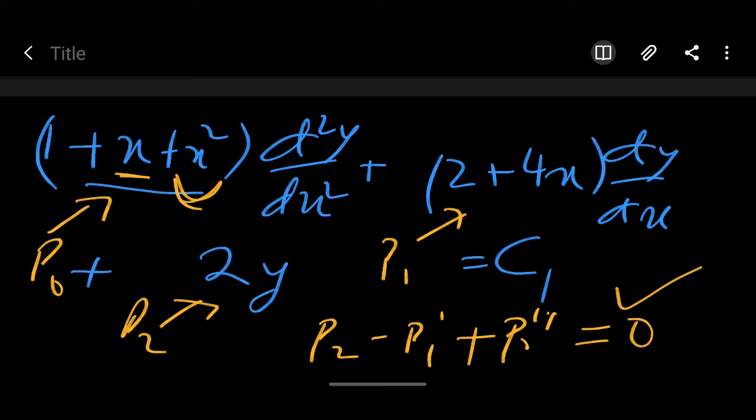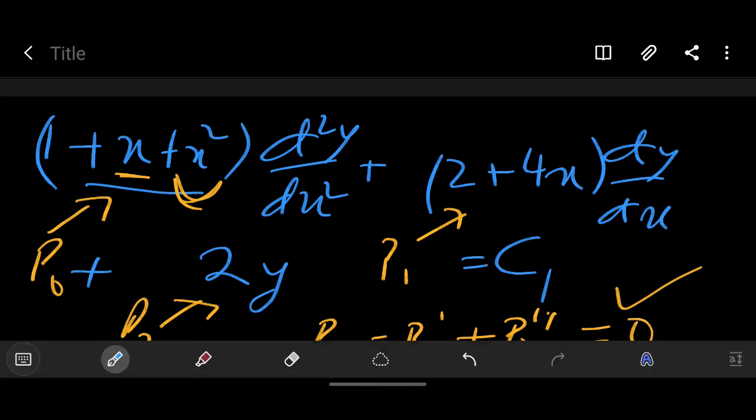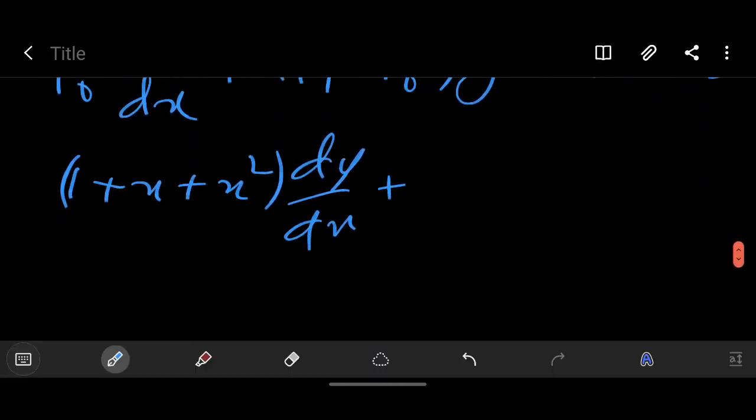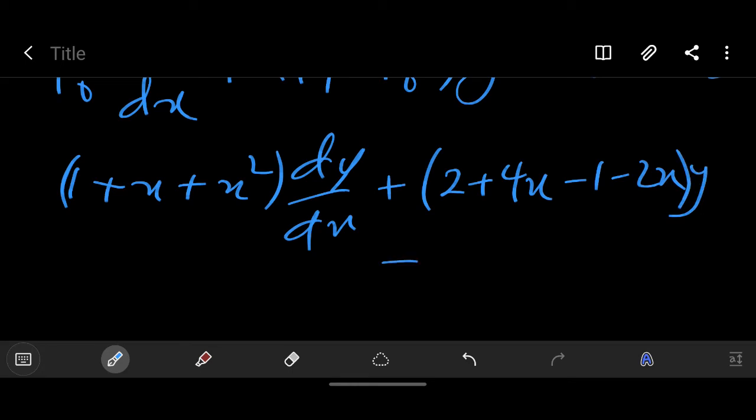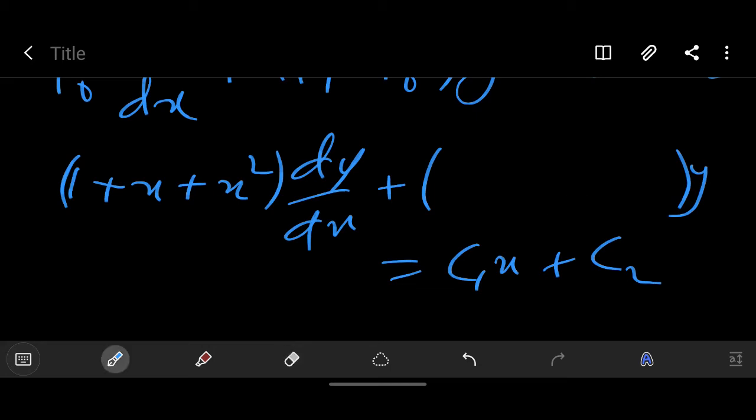So 2 plus 4x minus 1 minus 2x, y, which is C1x plus C2. Now if we solve this, we get 2 minus 1 is 1, 4x minus 2x is 2x. So 1 plus 2x, right?